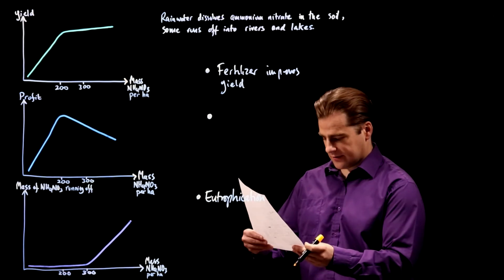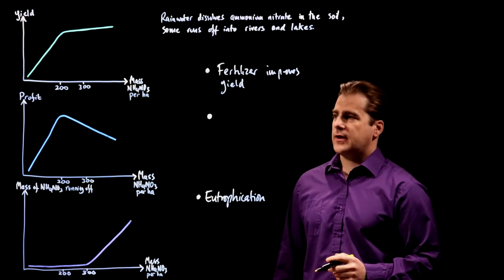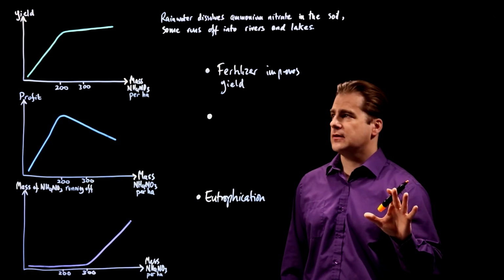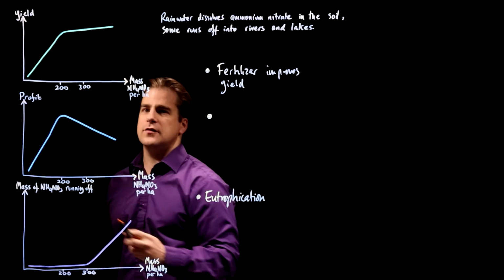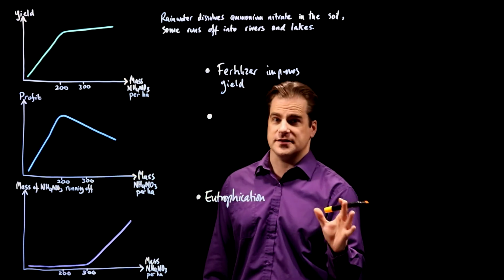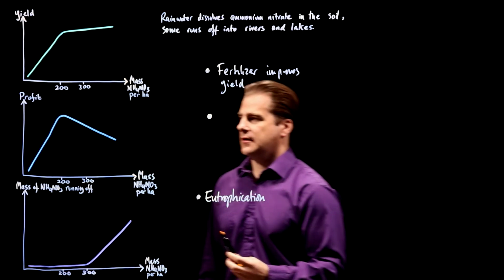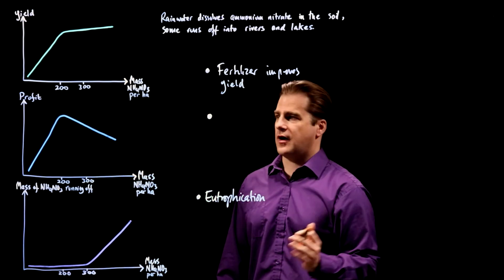Right, what else can we say? Okay, so let's actually answer the question. Well, clearly, 200 is the obvious, probably the best number to suggest. So suggest 200 for these reasons. Firstly, you get maximum profit, so that's good for the farmer.